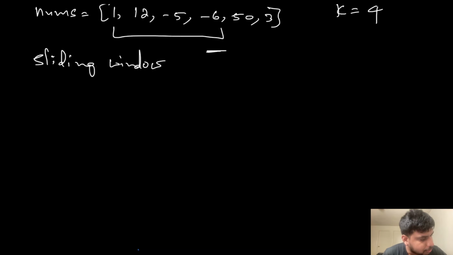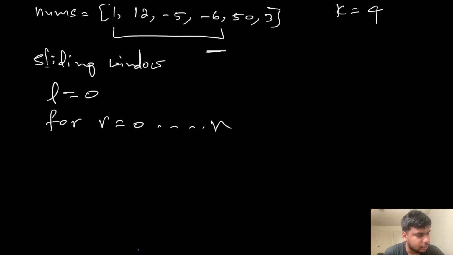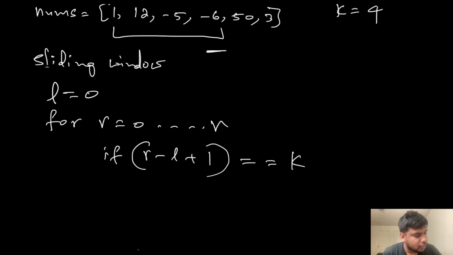So basically the way we will do it is, if L is equal to 0, and then for R we go from 0 to n, which is the length of the array, and then if R minus L plus 1, which is the size of the window, is equal to k, we will do something.